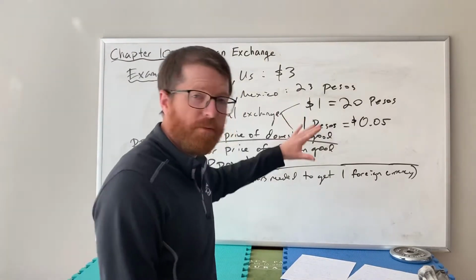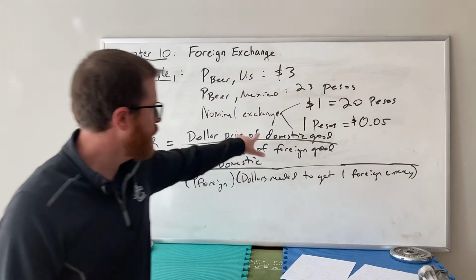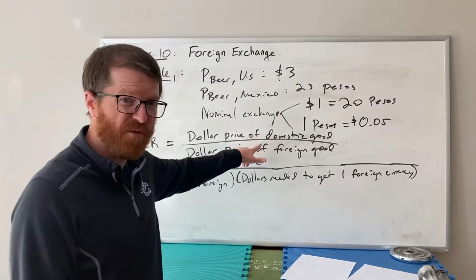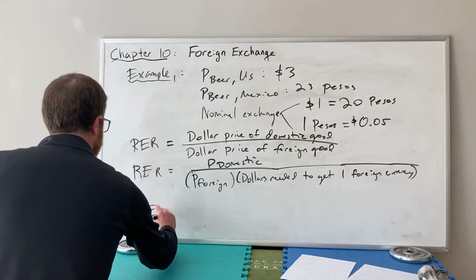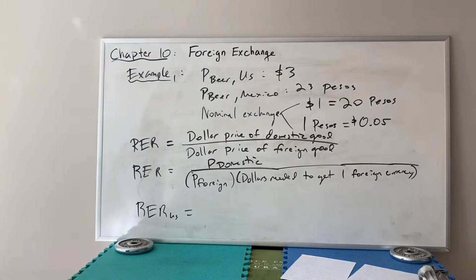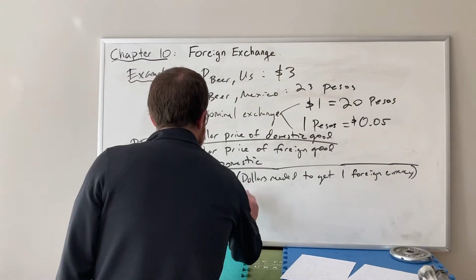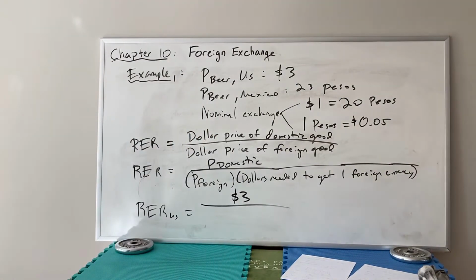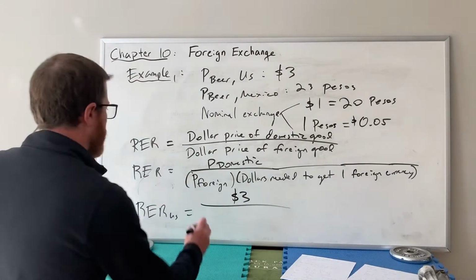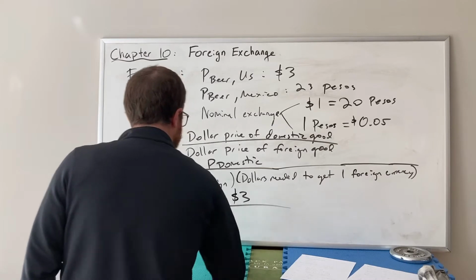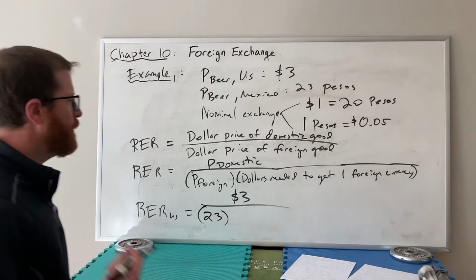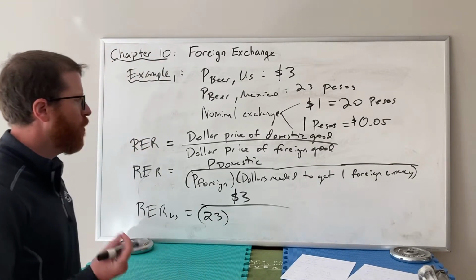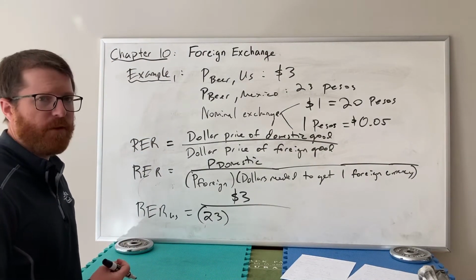So in this question here, if we're trying to solve for the real exchange rate, and we allow the U.S. to be the domestic country, all right, so the numerator here is always going to be the country you're solving for, the domestic country. So if we're solving for this for the United States, the real exchange rate in the U.S. would be the dollar price in the U.S., which is $3, divided by the foreign price, 23 pesos, and then multiply that times the dollars needed to get one foreign currency, okay?